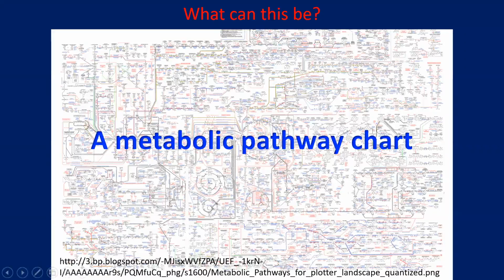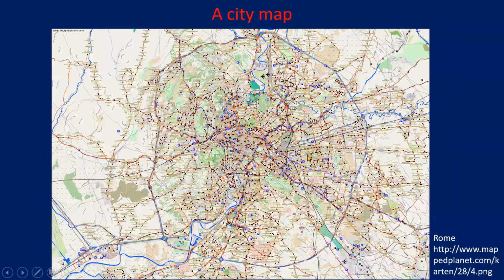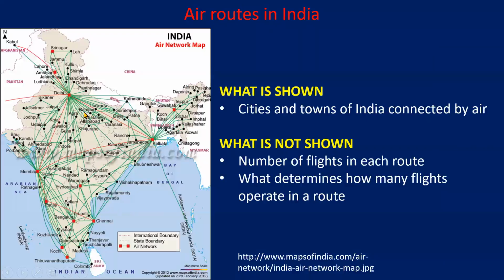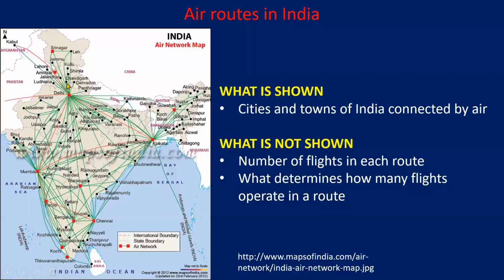So basically, over here, in the first two charts or maps, the dots are your chemicals, different chemicals. And in this context, the routes are nothing but the metabolic pathways.